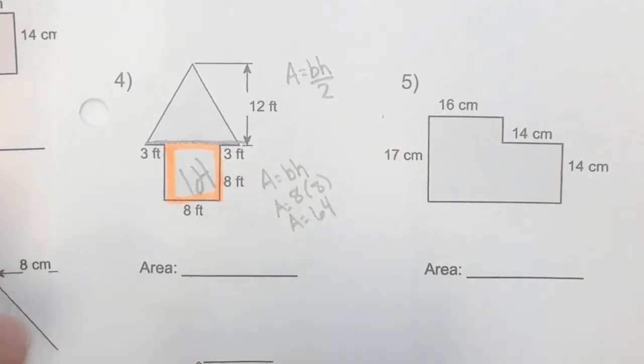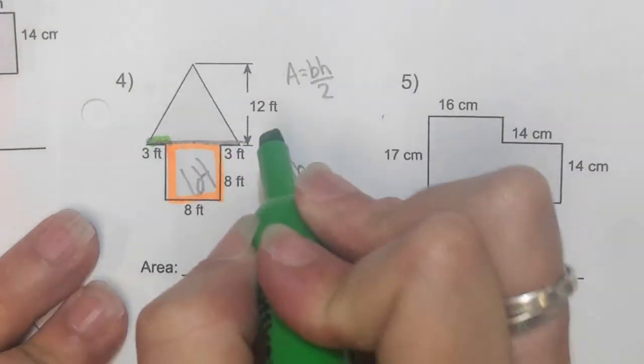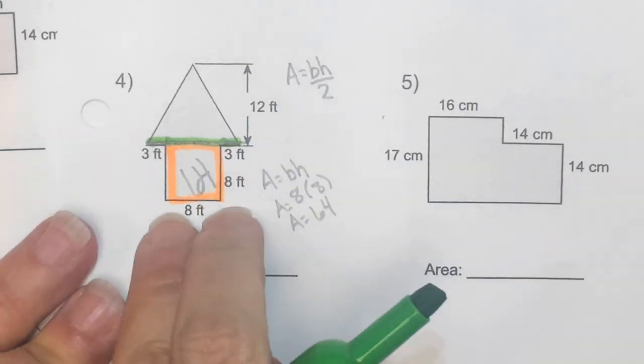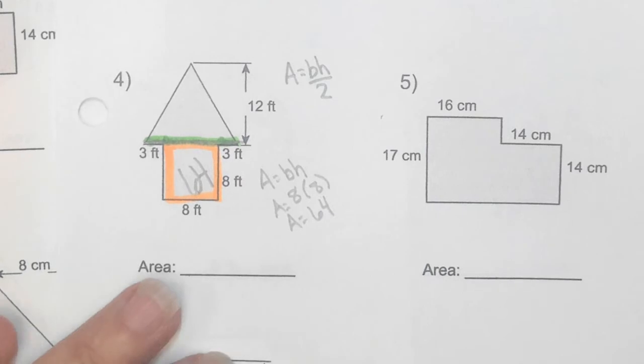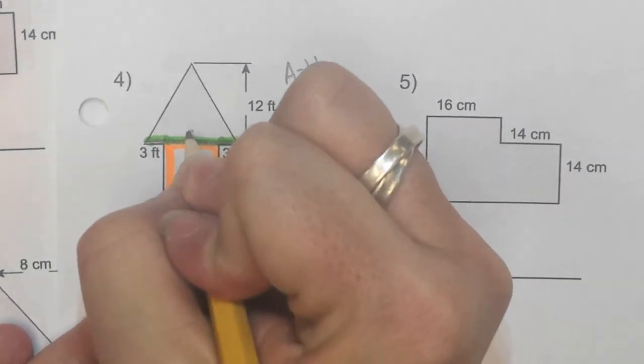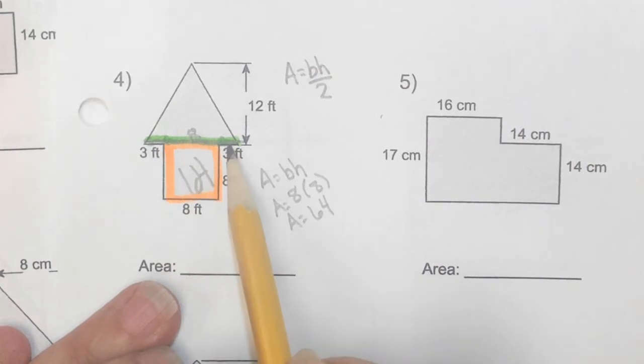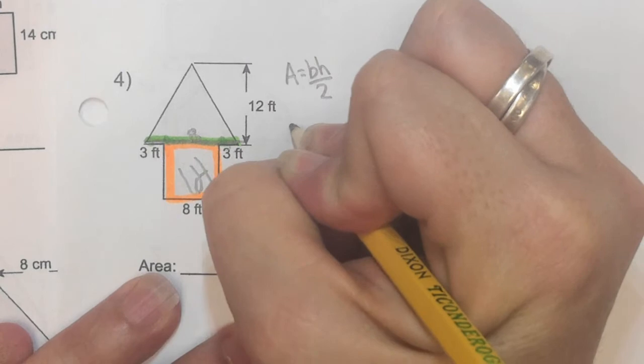Yes, some of you are seeing it already. It's a 3 plus a 3 plus the 8. That 8 is what I'm calling kind of having to slide up here. So all together, the base is what? 14.